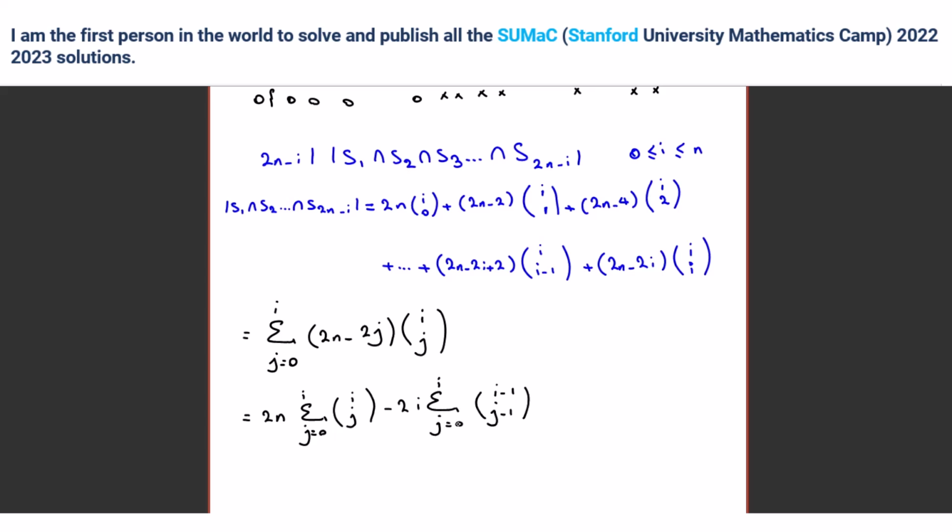And here you can say j from 1, because when j is 0, this one is 0, right? So it would be 2n times what? What's this sigma equal to? Should just be 2 to the I. Exactly. What about the next one? Minus 2 times I times 2 to the I minus 1.